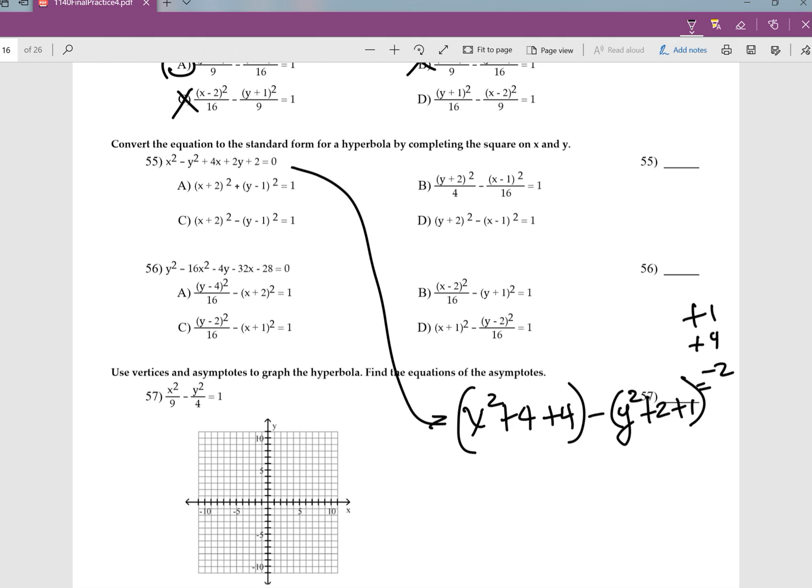So when I'm done factoring this, I should have, in this case, x plus 2 as a square. Alright, and this results in minus y minus 1, because remember it's a negative, so I have to account for that. And this should equal 1, hence 4 minus.